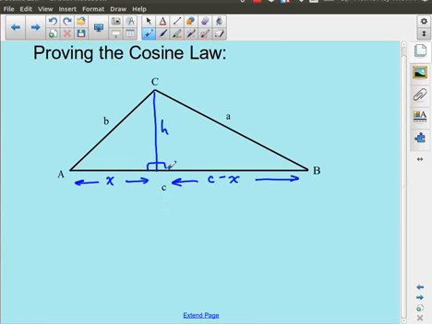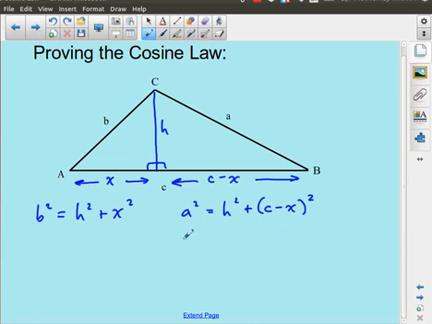Okay, so Pythagorean Theorem. On the triangle on the left side, Pythagorean Theorem tells me that b squared is equal to h squared plus x squared. For the triangle on the right, Pythagorean theorem tells me that a squared is equal to h squared plus c minus x all squared.